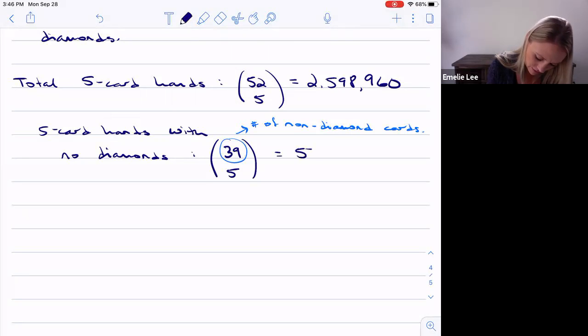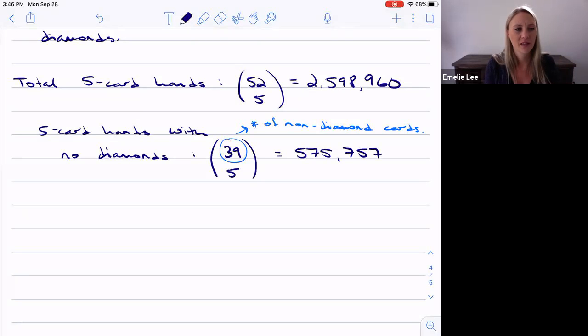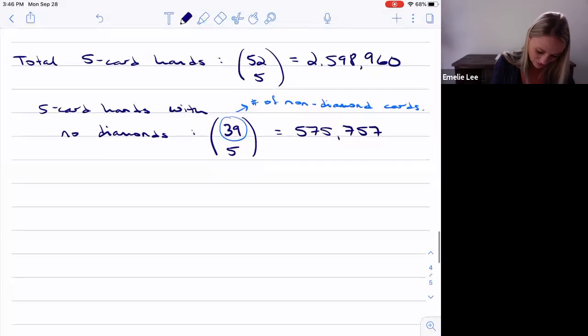Which is going to be 575,757. Hey, what a fun number. 39 choose 5. Lock that in. It can be my new favorite number. What's your favorite number? 39 choose 5, 575,757. It starts on a 5 and it ends on a 7. But it's a good number. Or maybe a really bad number.